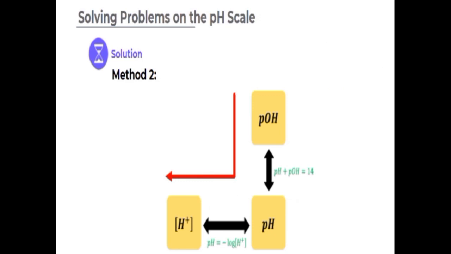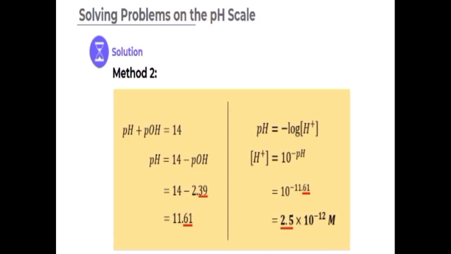The second method involves converting pOH to pH, followed by converting pH to hydrogen ion concentration. The pH can be calculated from the pOH using the equation pH plus pOH equals 14. Substituting the value of pOH, we get pH equals 11.61.